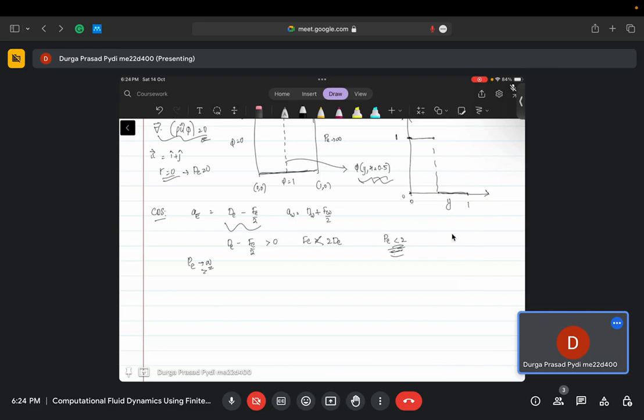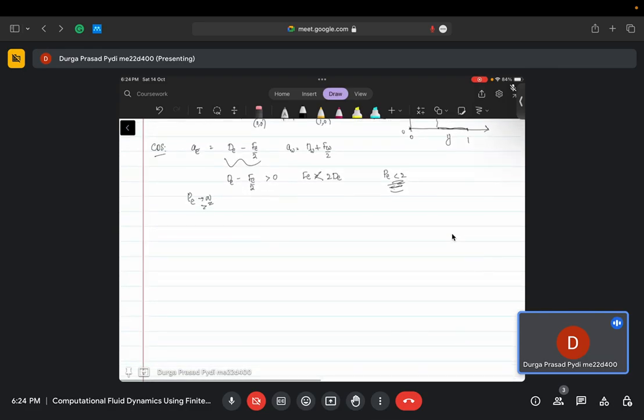If you have F east to be positive, in the upwind scheme we just consider phi little e to be phi capital P. But in QUICK we will use a higher order approximation. It goes something like this, and then you also remove the quadratic term.